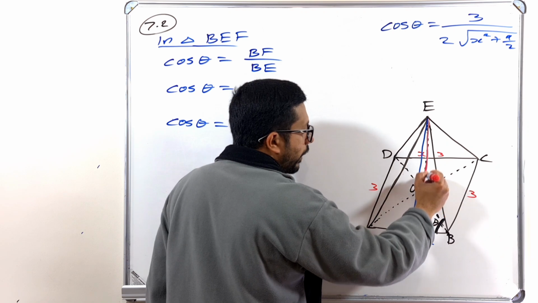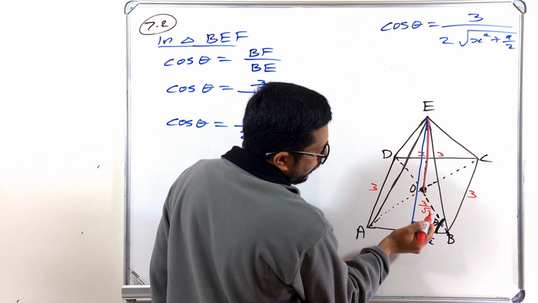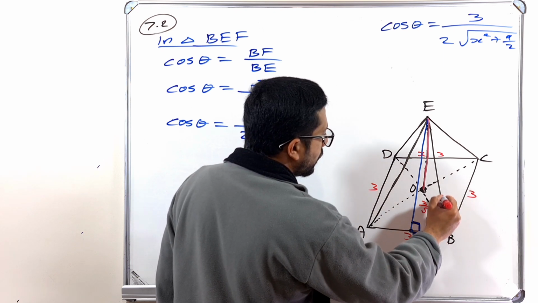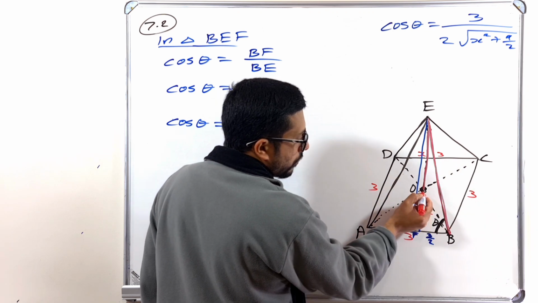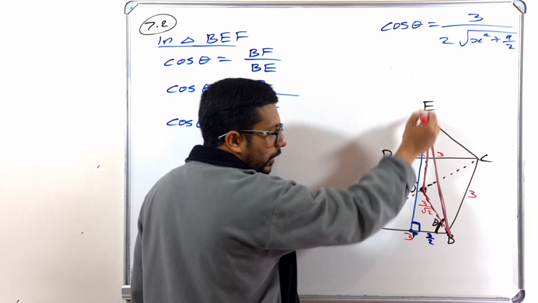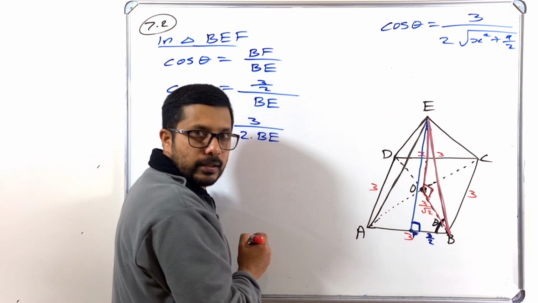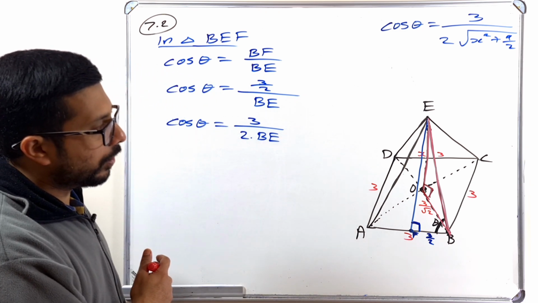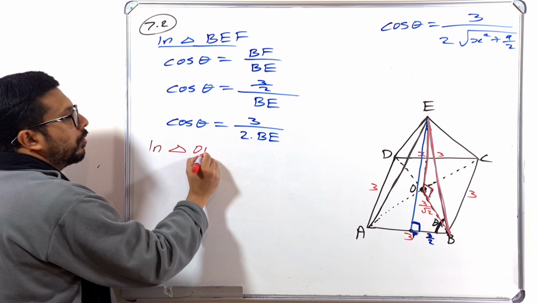We want to prove that BE is that one. So let's consider this triangle. Since this one is a perpendicular height, this angle is 90 degrees. Am I right? So which triangle am I going to take? OBE. So in triangle OBE.